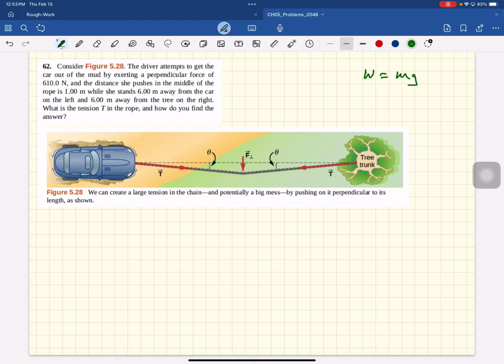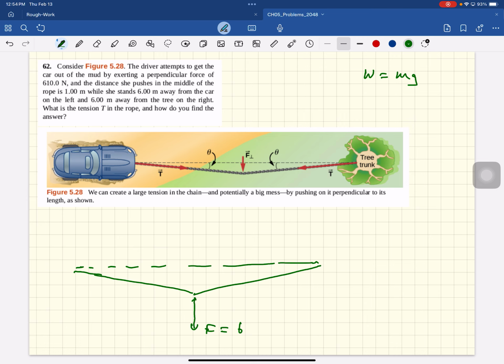The force that she exerts is 610 newtons. Let me show you that. Let's do a diagram. So this force is 610 newtons.